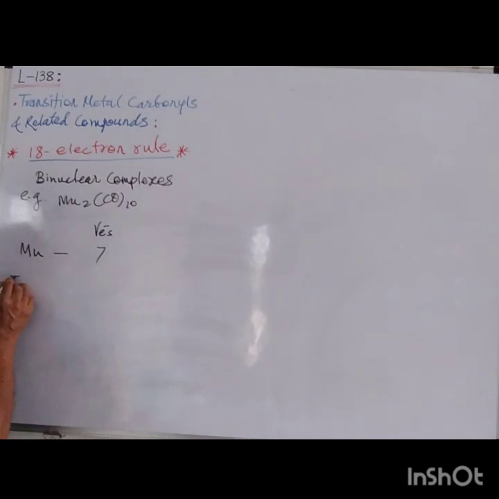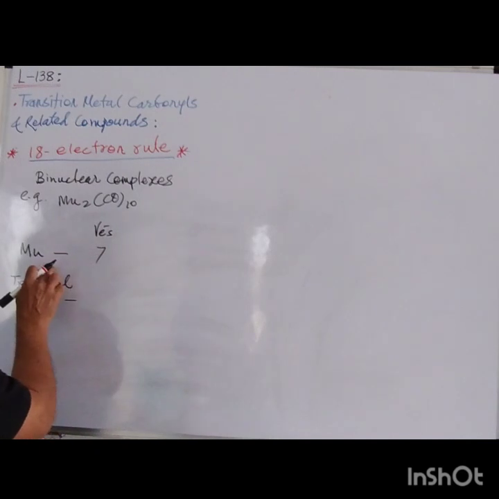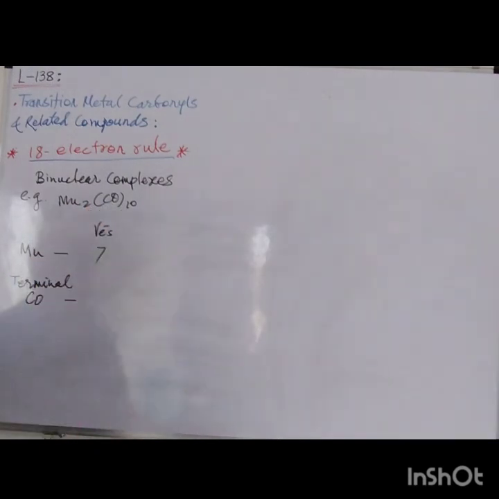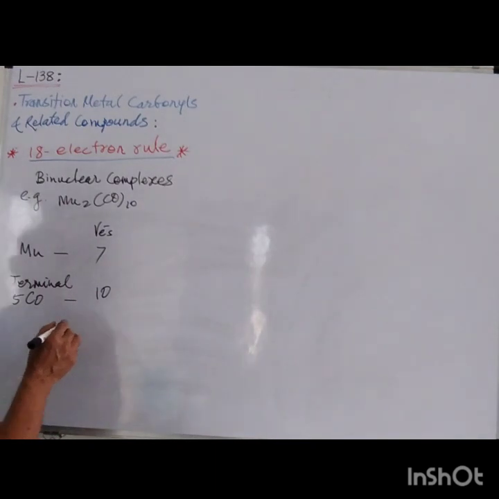Now we are counting the 18 electrons for only 1 Mn. There are 2 Mn, so we are using only 1 Mn and half of the carbon monoxide. There are 5 terminal carbonyls, so each gives 2, a total of 10 electrons.